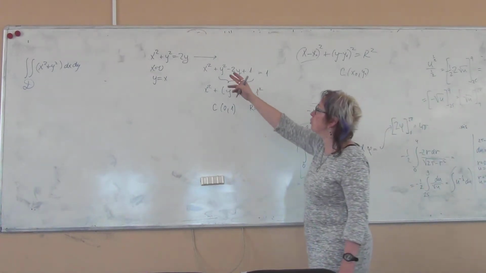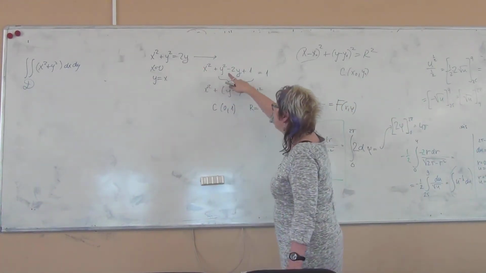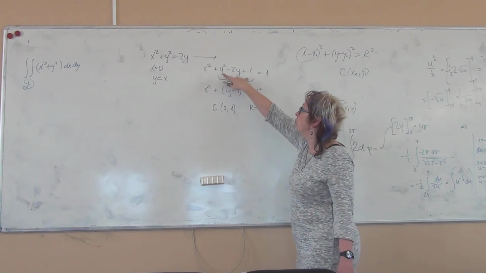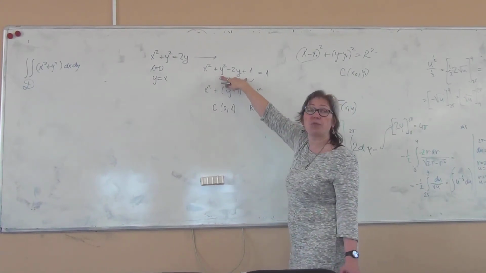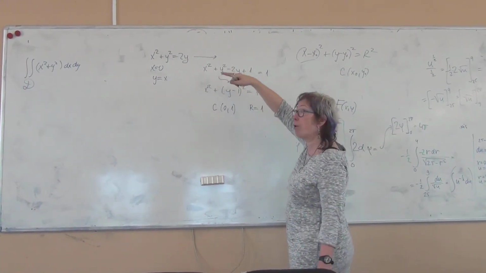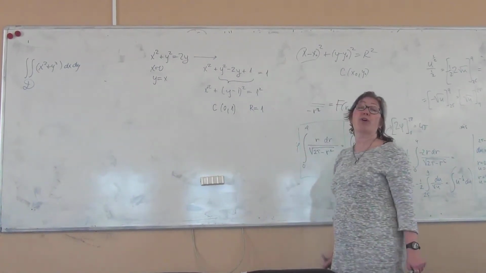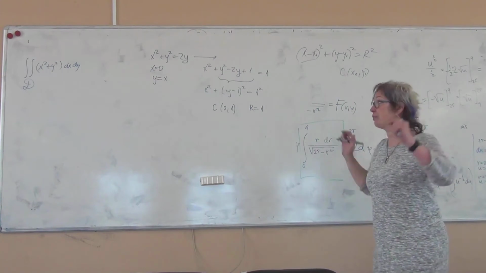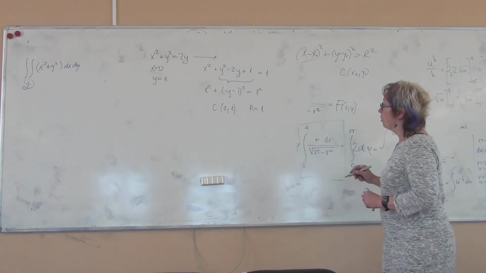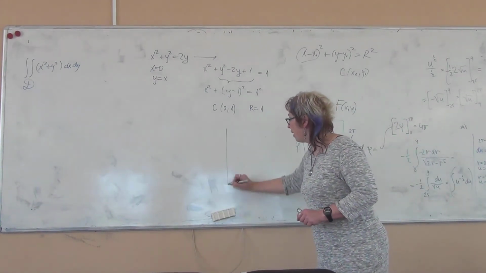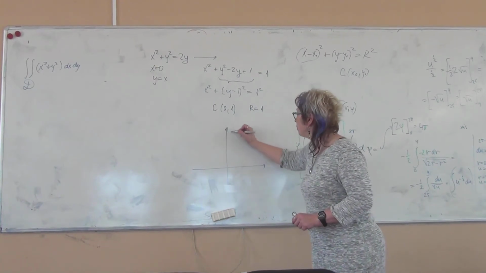So I move this 2y over to the left side and see that to complete the square, to get the perfect square, I need to add 1. And then of course I have to add 1 to the other side to keep the balance. So now what it looks like is the center is at (0, 1).